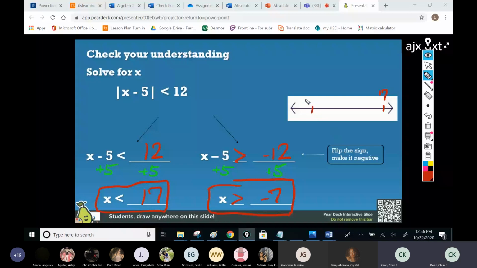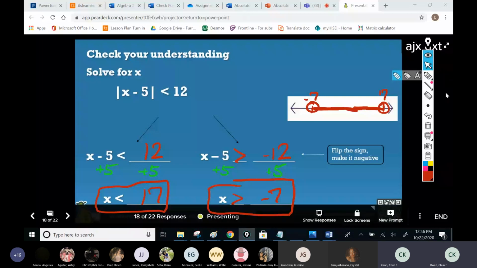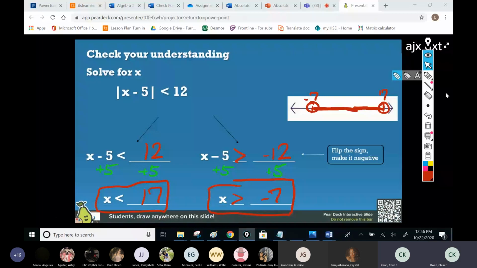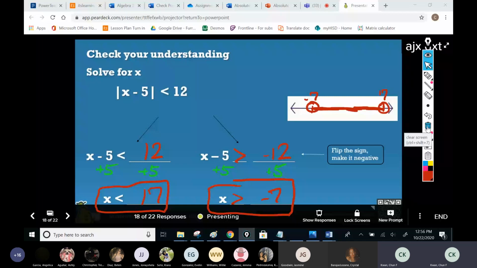Negative 7 is right here. I need it to be less than 17. Greater than negative 7. All right, so most of you guys did it correct, and you guys also did it really fast. So that's pretty good, pretty good.